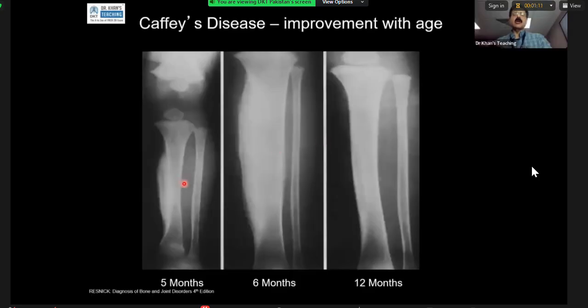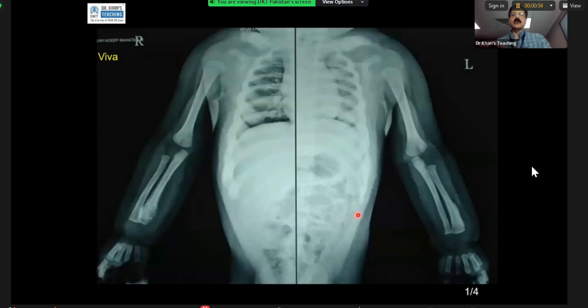That's very good. So this is Caffey's disease, in which serial radiographs show you how it has become normal, with a bit of modeling deformity, otherwise it has become normal in serial radiographs. Another example where we can see that there is periosteal reaction, clavicle, stretch of imagination, something is happening here.